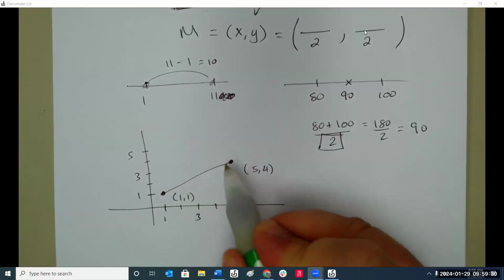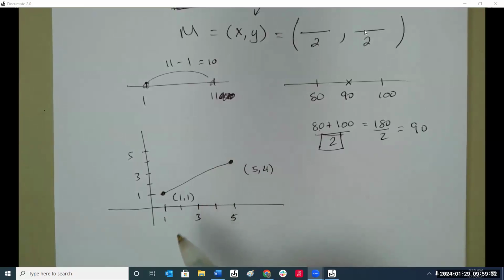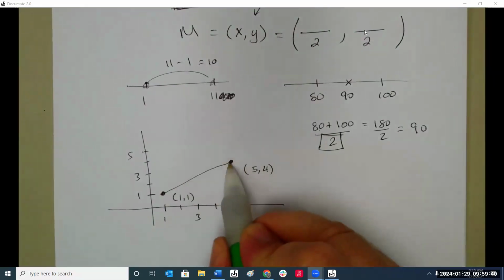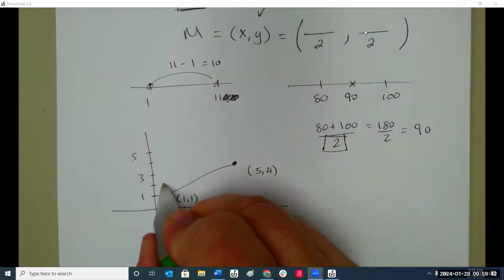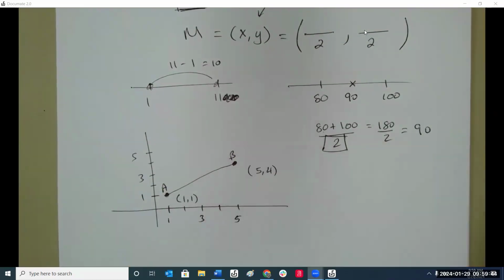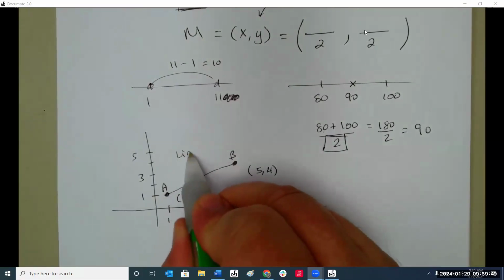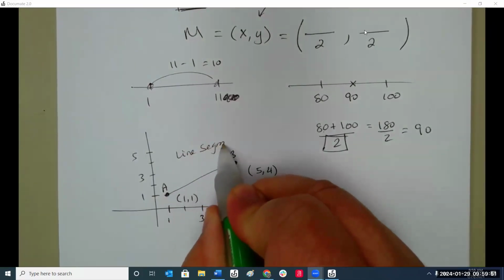This is the line segment. Line segments begin and end at a point. Remember, a line goes on infinitely, forever and ever, has arrows at both sides. A line segment has ending points. It begins at A, ends at B.